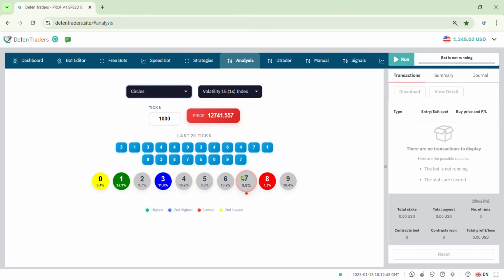So if a digit becomes very visible in the market, the robot or the cursor can still pick it from the rest. Remember, if the cursor touches any digit, we have that assumption that that digit can always become the exit or our winning digit.